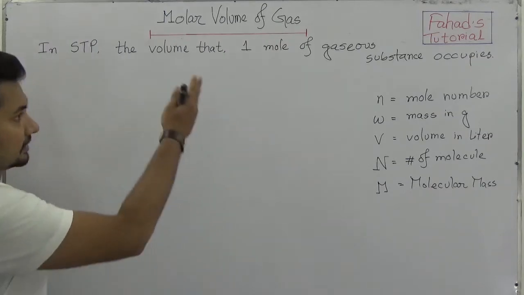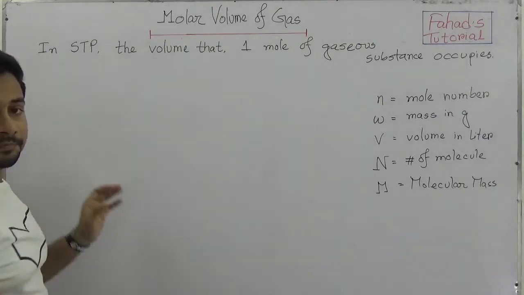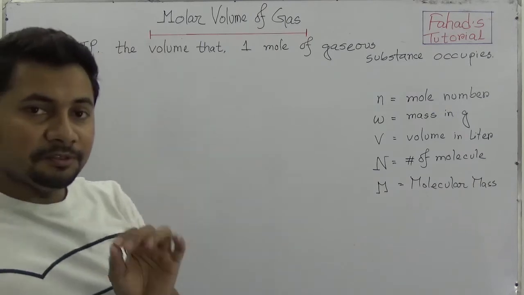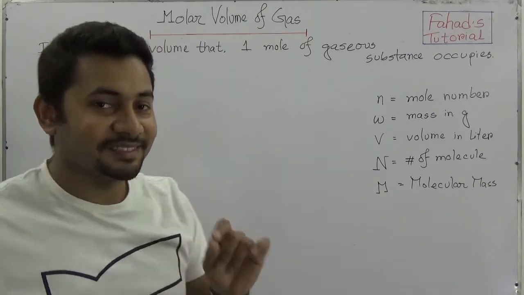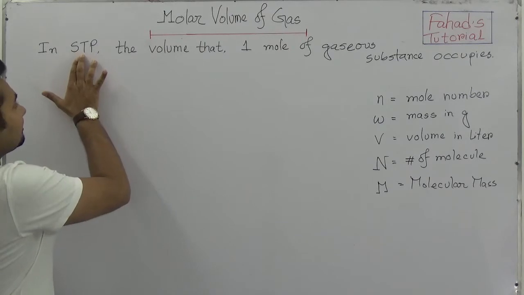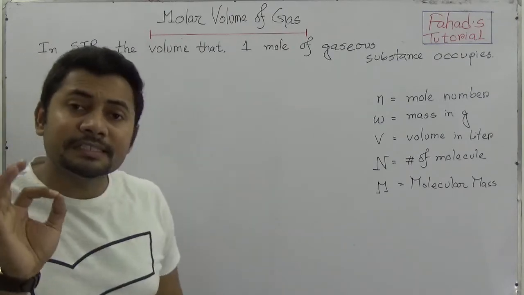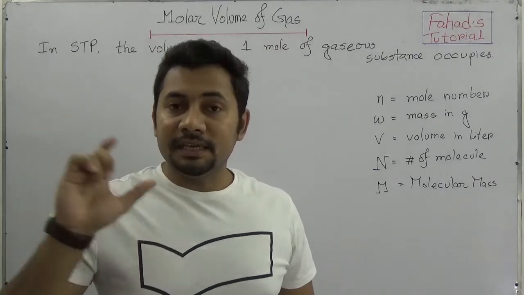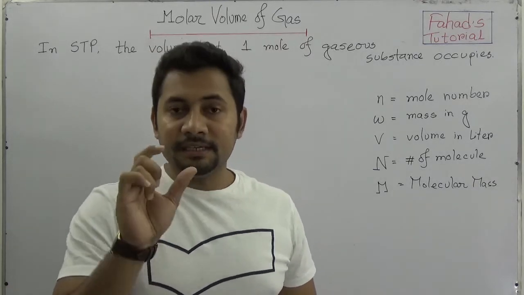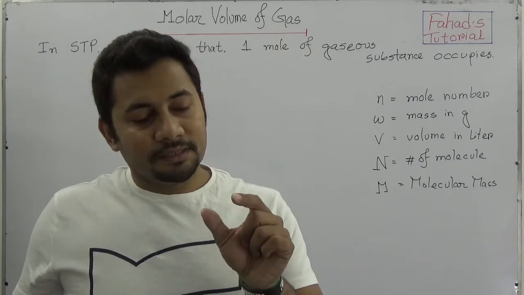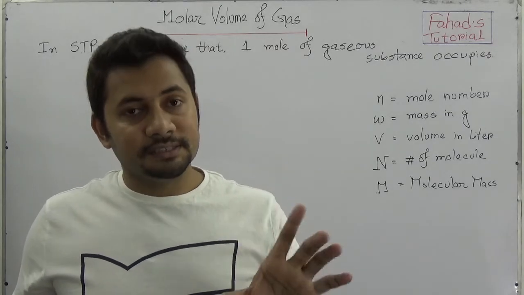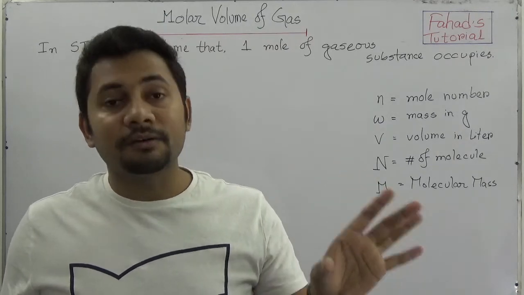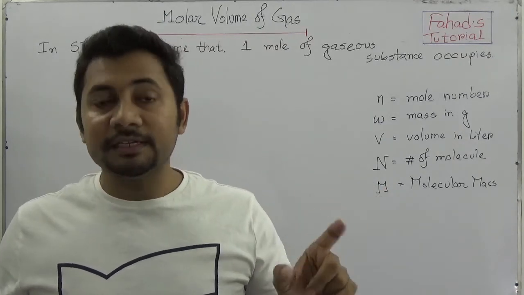The definition of molar volume is in STP, and I hope you know what STP is, which is actually the standard temperature and pressure. So what is standard temperature and pressure? Till 1982, it was said that STP means the temperature is 0 degrees Celsius or 273.15 Kelvin or 32 degrees Fahrenheit.